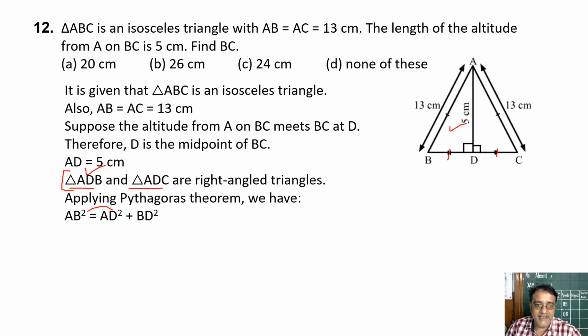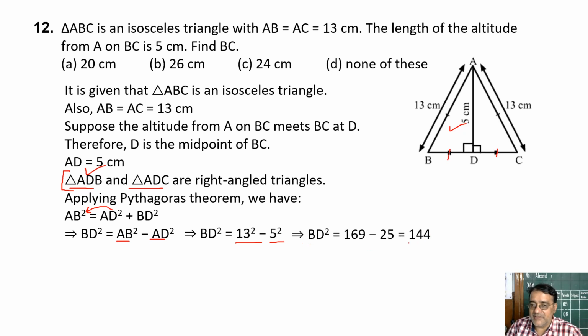So we shift AD square to this side, then substitute AB 13 and AD 5. So 13 square minus 5 square, that is 169 minus 25. How much do we get? 144. What is the square root of 144? 12.